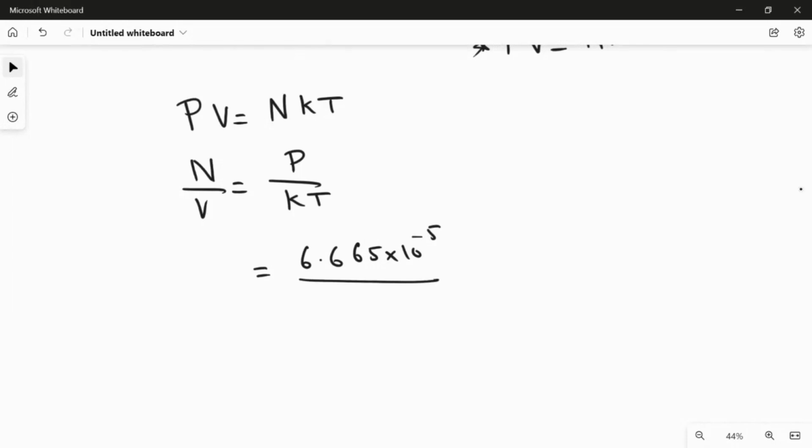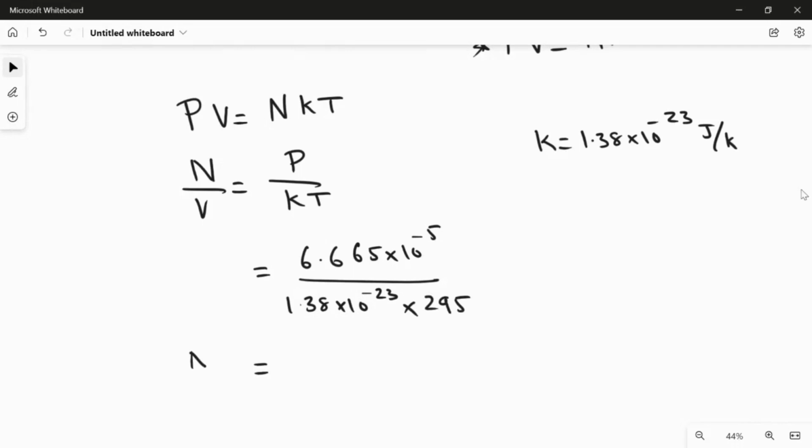The temperature is 295, and the Boltzmann constant is 1.38 multiplied by 10 to the power minus 23 joules per Kelvin. It's a constant value, so we can use it directly.